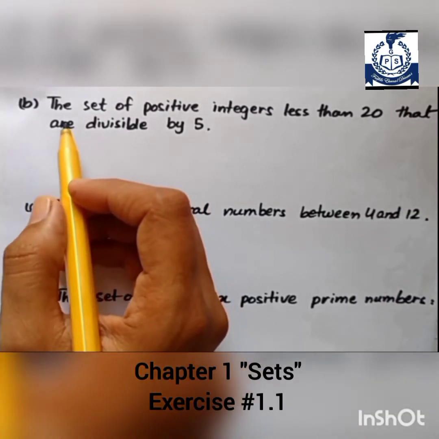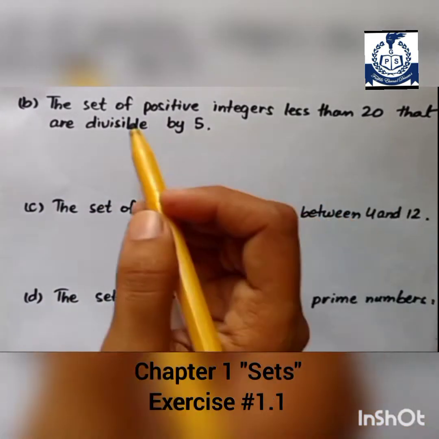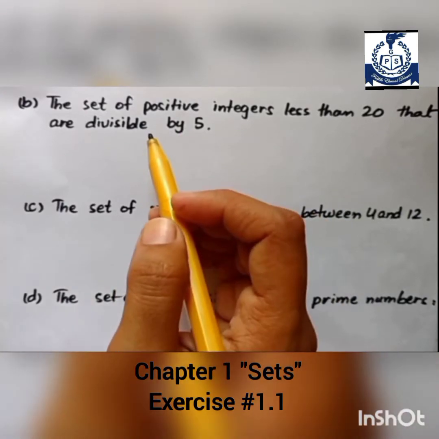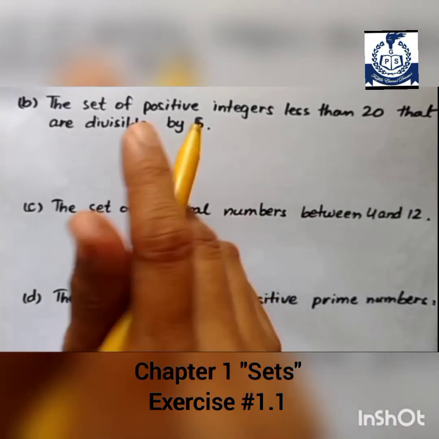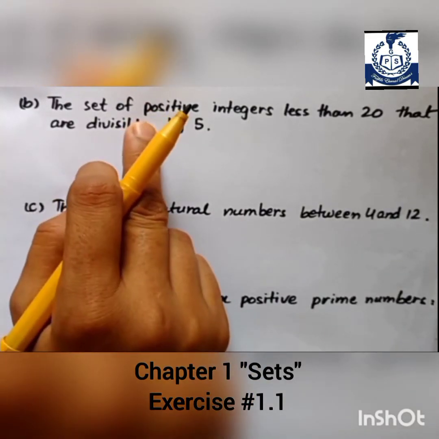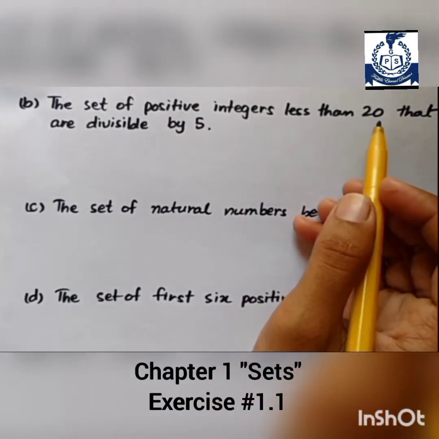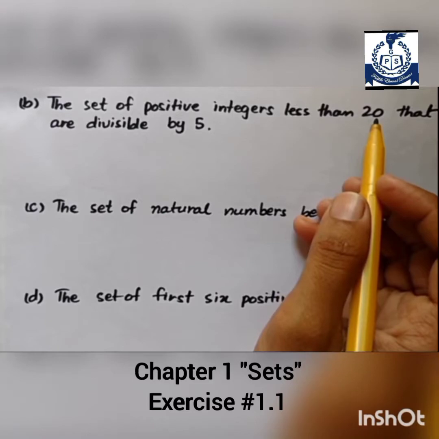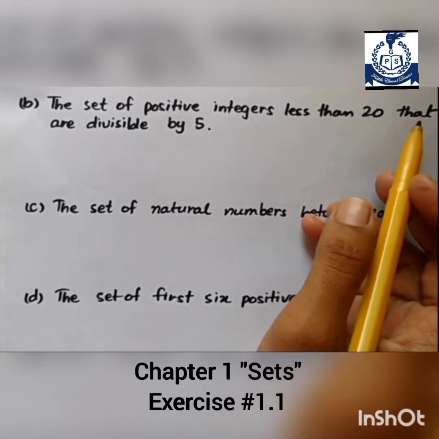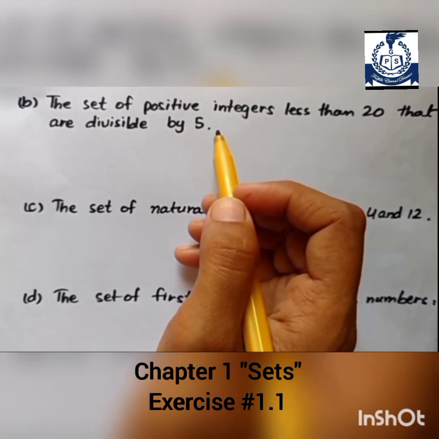Part B is the set of positive integers less than 20 that are divisible by 5. So here we have a set of positive integers less than 20 and the integers divisible by 5. Divisible by 5 means the numbers that exist in the table of 5, so it means 5, 10, 15.